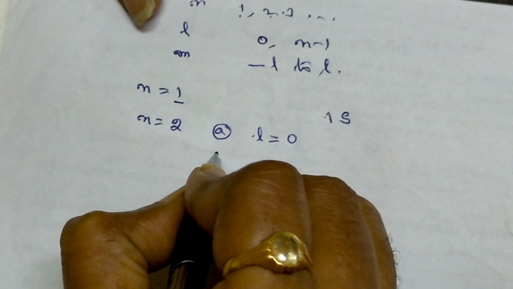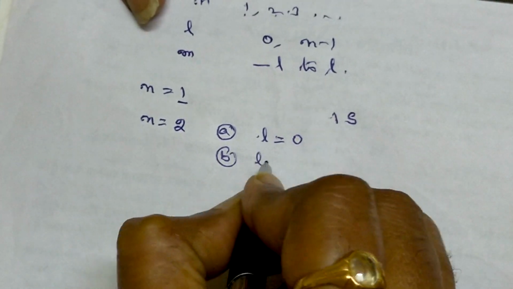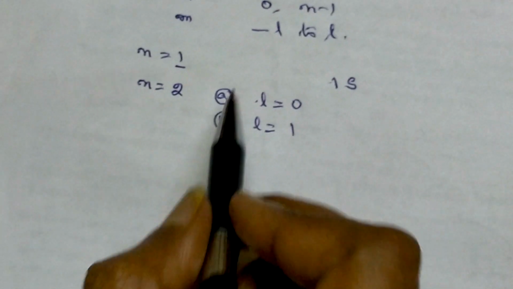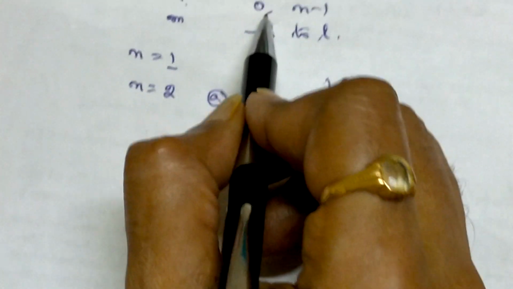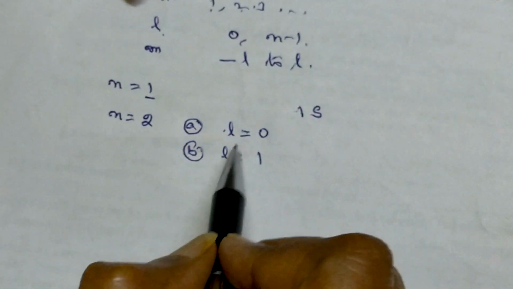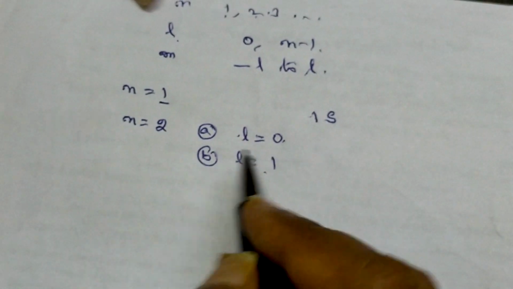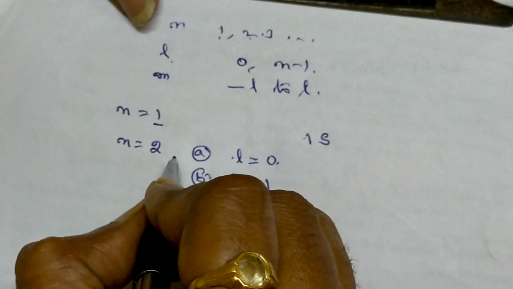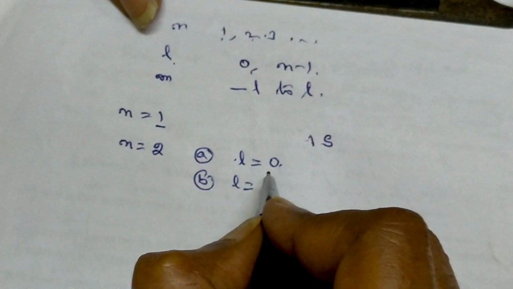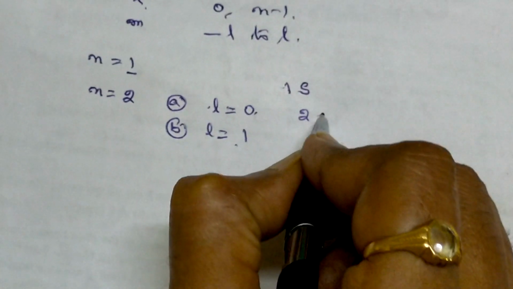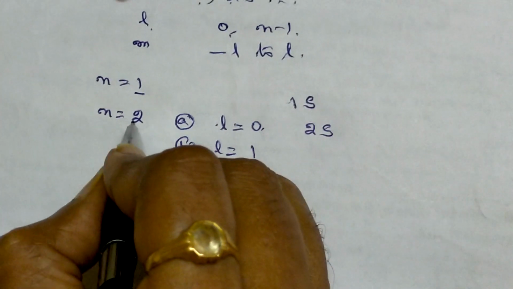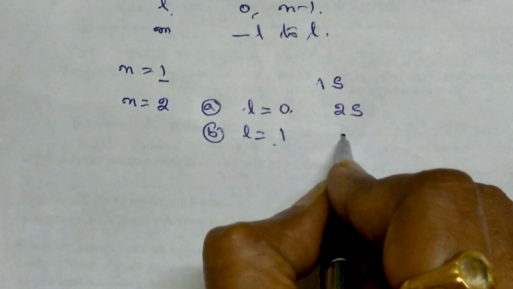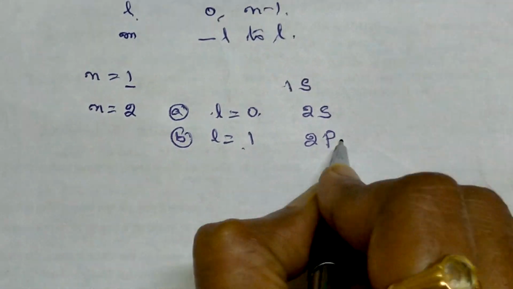Case B, l equal to 1, because l goes from 0 to n minus 1. 0 is 0, and n minus 1 equals 1. So l equal to 0 with n equal to 2 is 2s, whereas l equal to 1 is 2p.